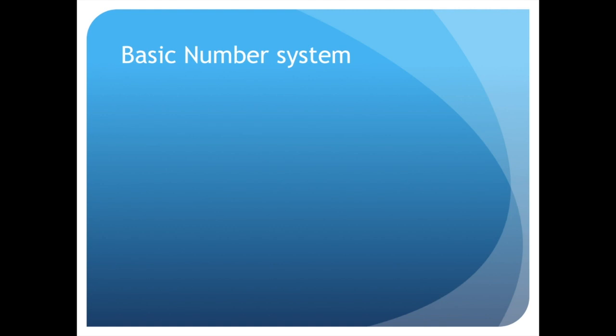As you already know, the basic number system consists of natural numbers. The natural numbers are the numbers which start from 1, and all the numbers, or we can say all positive numbers, are natural numbers. The natural numbers are represented by N. So we do not need only positive numbers.